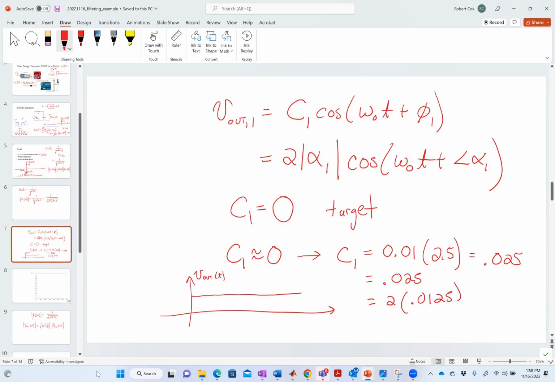This is my magnitude of alpha 1, right? That is the value of the Fourier transform at omega naught. The value of the Fourier transform at omega naught should be less than 0.0125.